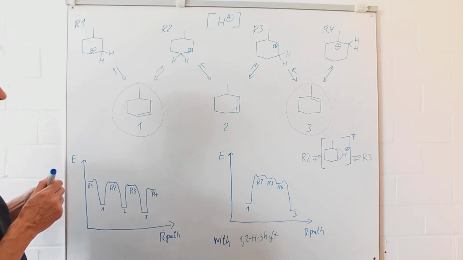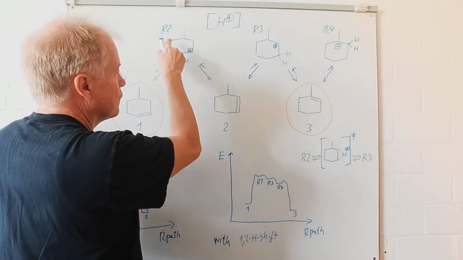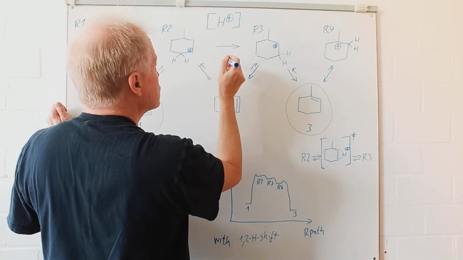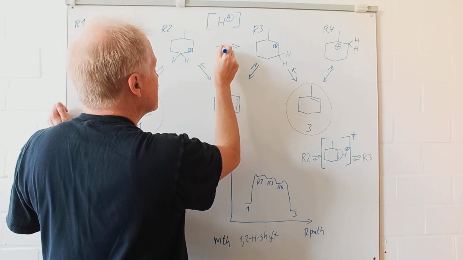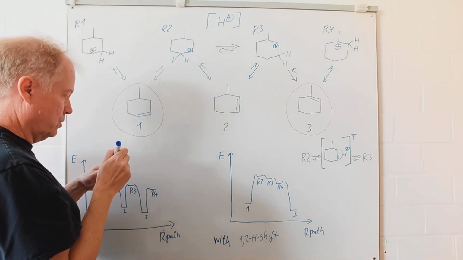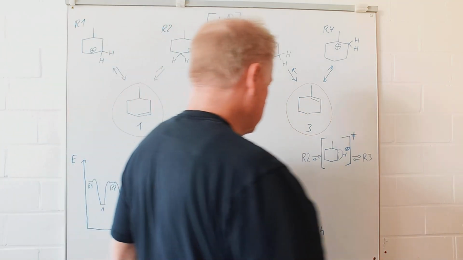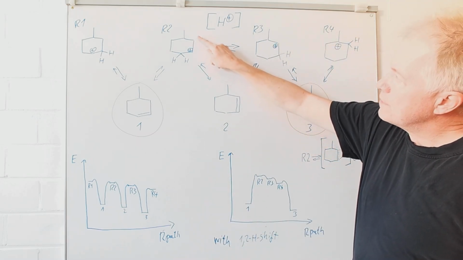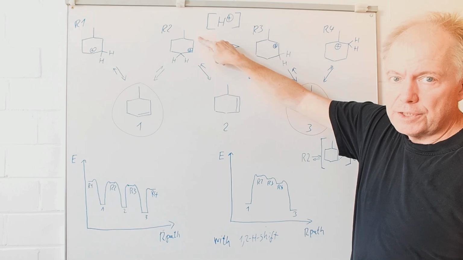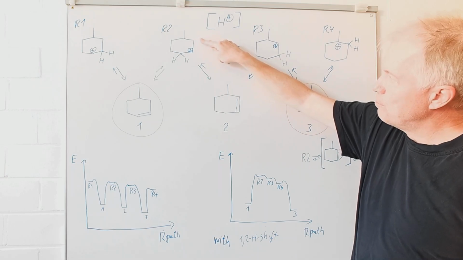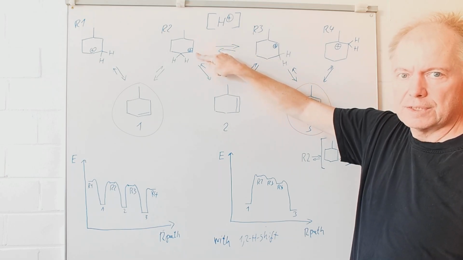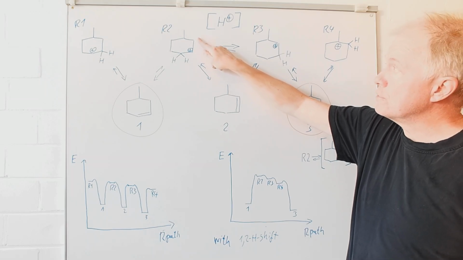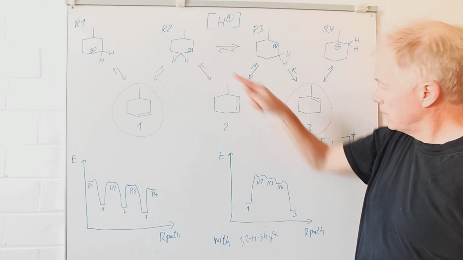That means from, for instance, R2 to R3, the isomerization can also occur directly when one hydrogen here is migrating, carrying the bonding electrons with it.